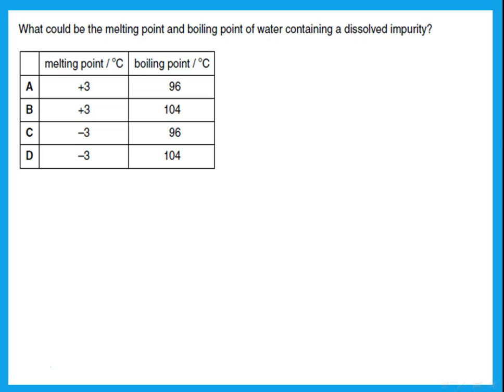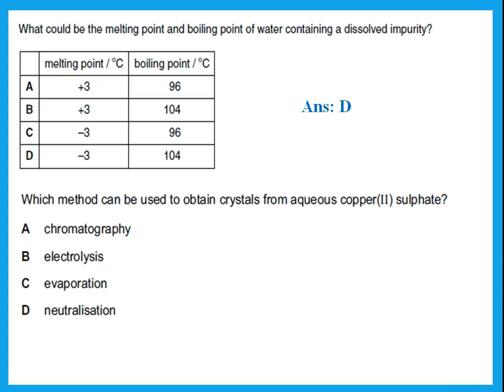Now, what is the boiling point of water? The boiling point of water is 100. If I dissolve something in it and it becomes impure, then the boiling point will be slightly higher. So my answer should be D. Do we understand that? Okay, the next question says which method can be used to obtain crystals from aqueous copper sulfate?